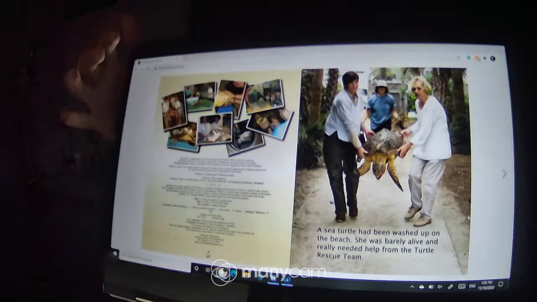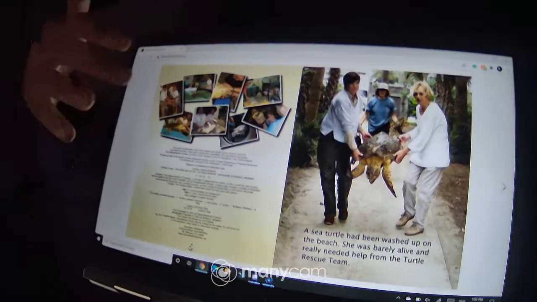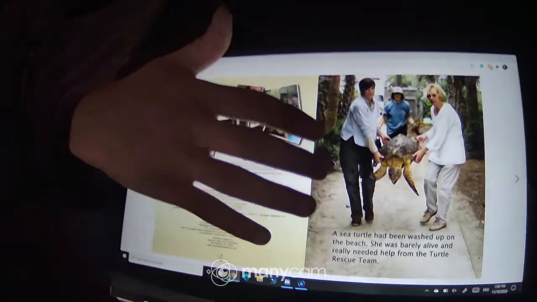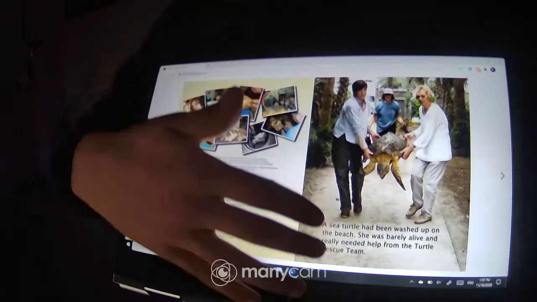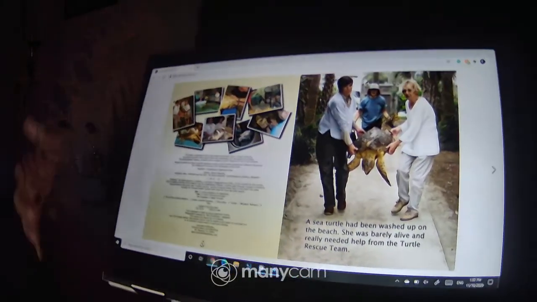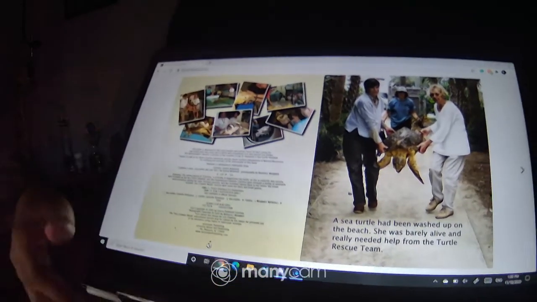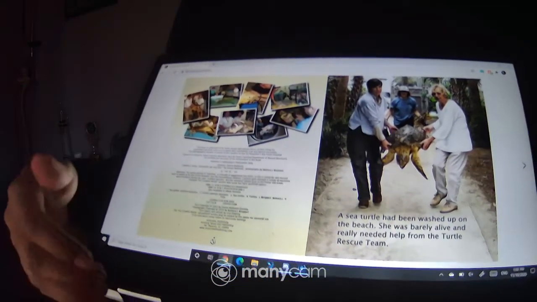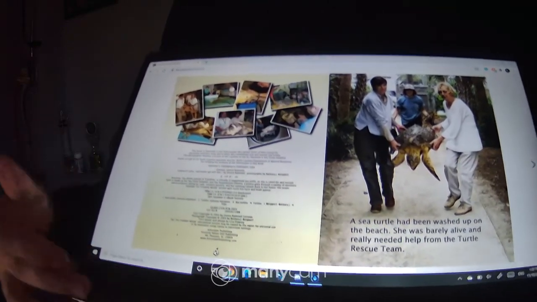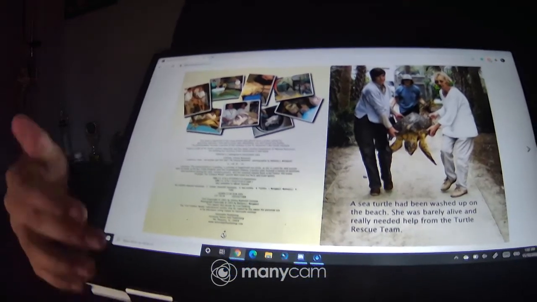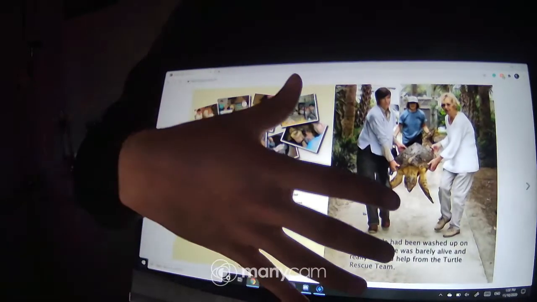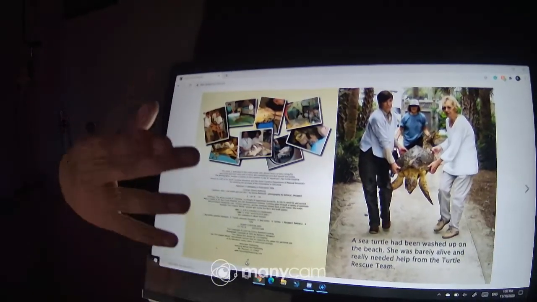One of the first assumptions we can make is that she was just found, or that they're carrying her to take care of her, that they just found her in some place and now they're taking her to a hospital for turtles. The text says a sea turtle had been washed up on the beach. She was barely alive and really needed help from the rescue team of turtles. So basically, it is what we mentioned. Now we see that she's been carried to the hospital of turtles.